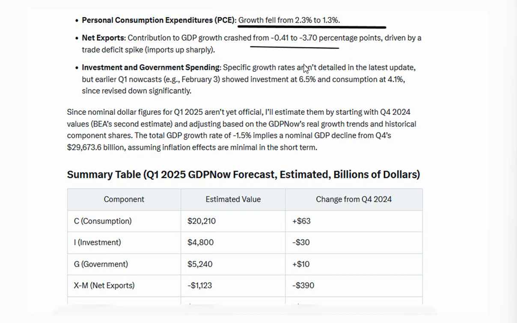So this is where you're seeing the biggest driver of the collapse with the GDP number. It's a steep drop with a surge in imports. Now again, this is subject to change, but we're seeing the weakening of the GDP based on trade imbalances and softening demand. That's really what it's coming down to.